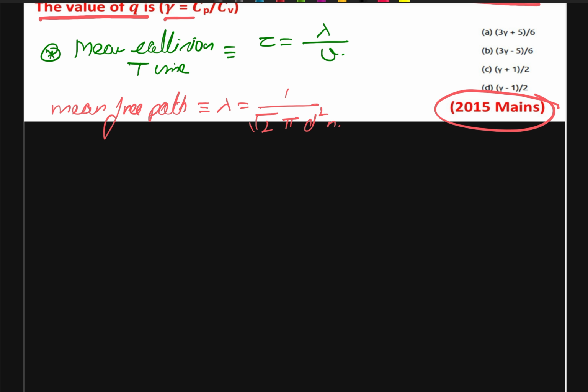Here d is the molecular diameter, and n is our number density.